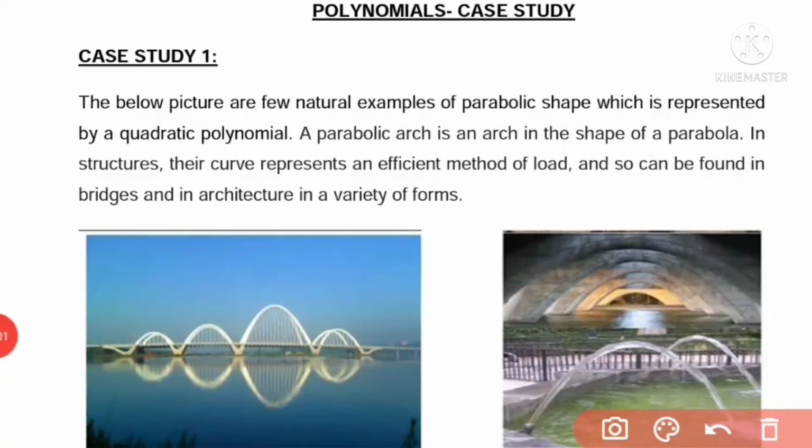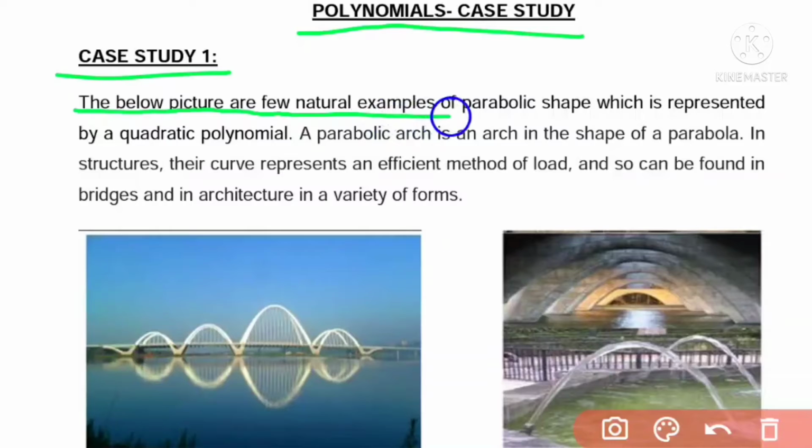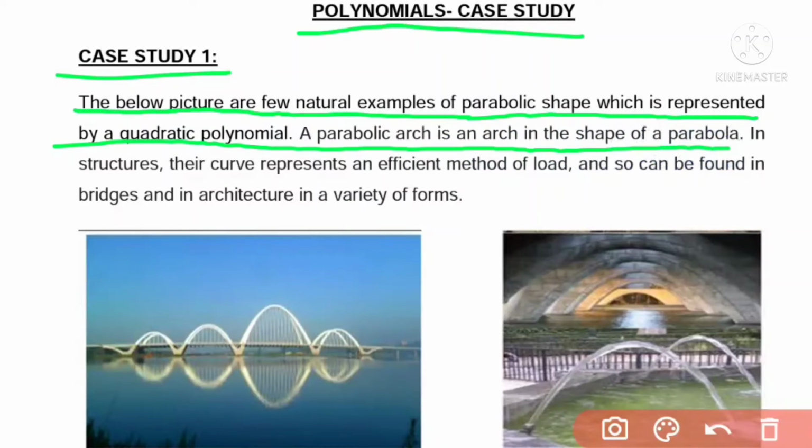Polynomial. This topic we will do today the case study questions, and here first case study question is: the below picture are few natural examples of parabolic shapes which is represented by a quadratic polynomial. A parabolic arc is an arc in the shape of a parabola.